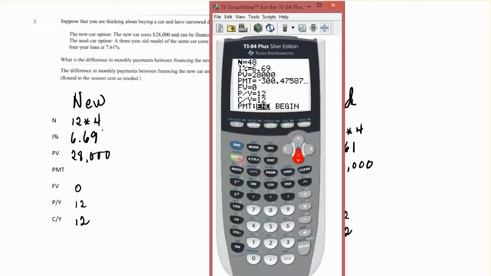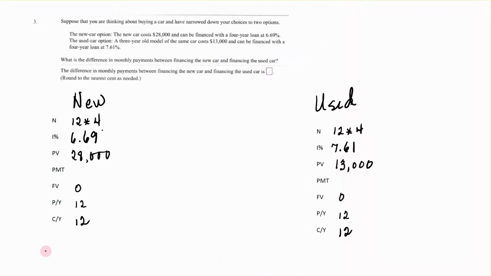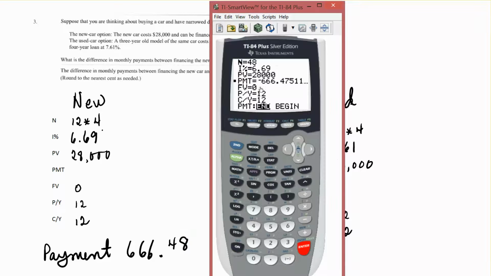I'm on payment, alpha, enter. And the payment is $666.48. 666.475. The 5 causes that to round up.